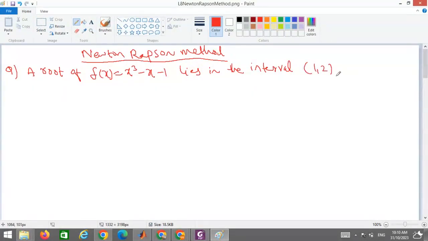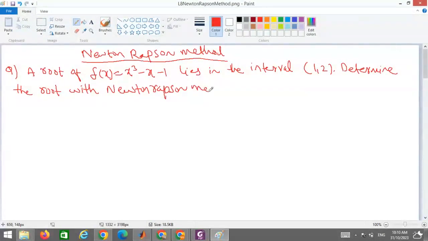This is the interval given. So determine the root with the Newton-Raphson method.